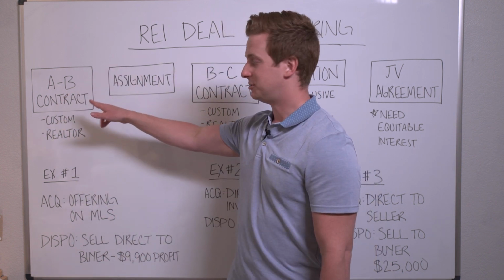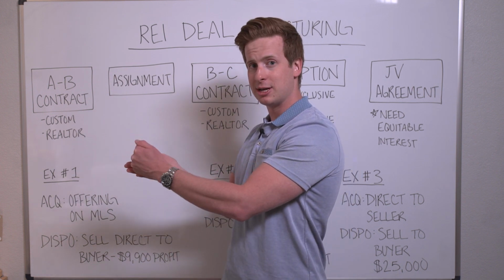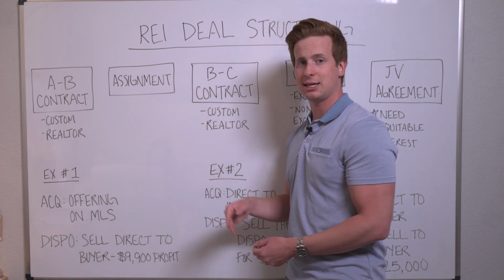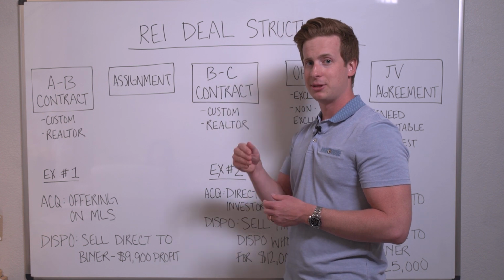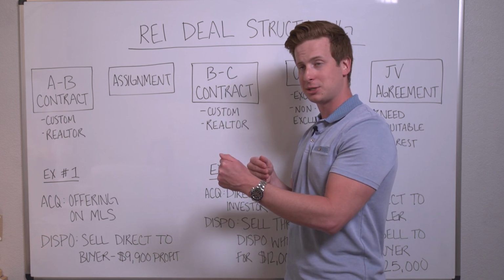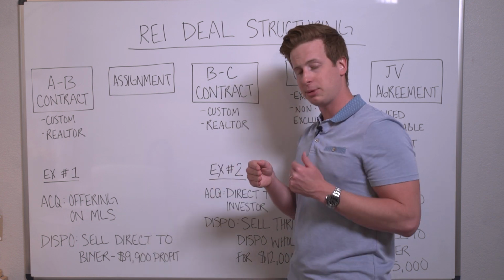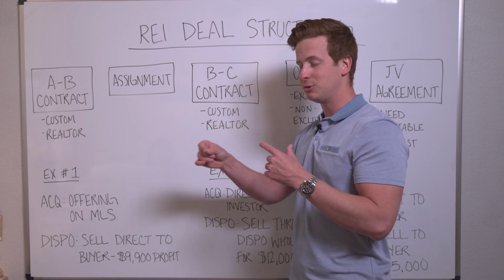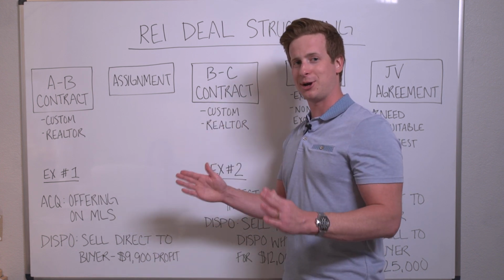A to B just is saying that it's going from the seller of the transaction to the first buyer, right? And then the B2C is taking place in the second escrow of the double close, which is going from the buyer of the first transaction, which was the B player, who is now the seller of the second transaction, and the C player is the buyer on the second transaction, right? So same property, two closings, two escrow files. A little bit complicated, but after a while it makes sense.